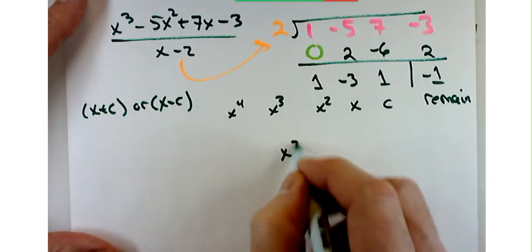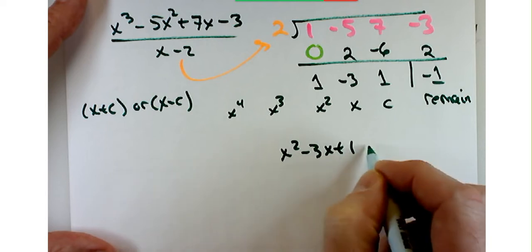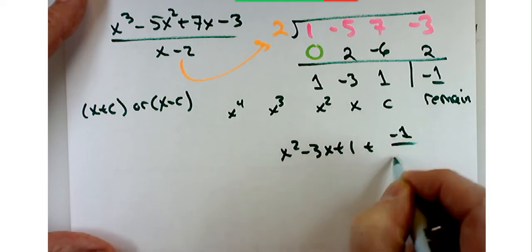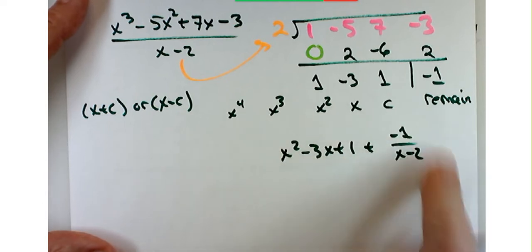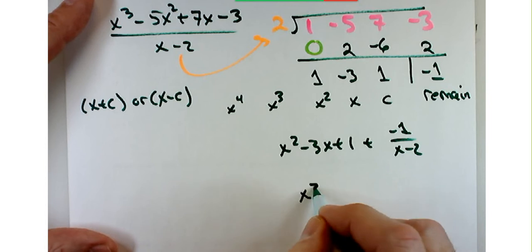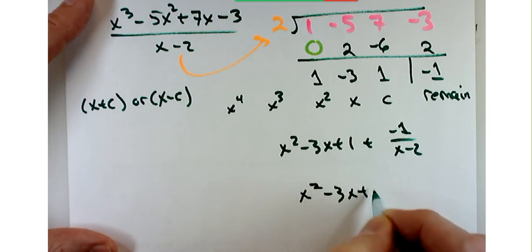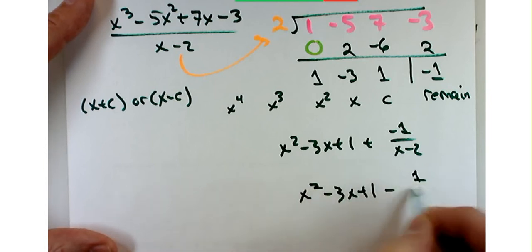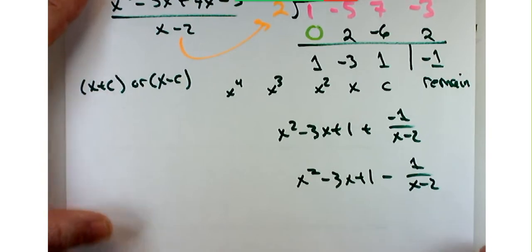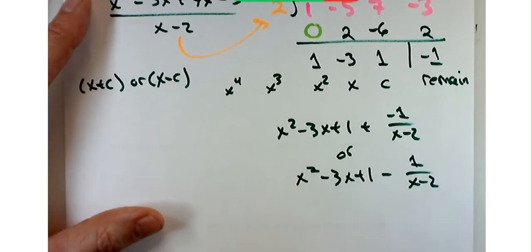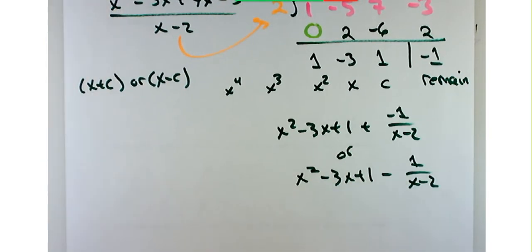So our answer is going to be x squared minus 3x plus 1 plus negative 1 over x minus 2. You could also write it as x squared minus 3x plus 1 minus 1 over x minus 2. Either one is fine. I have no preference, whatever is easiest for you.